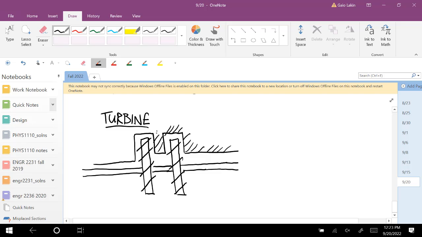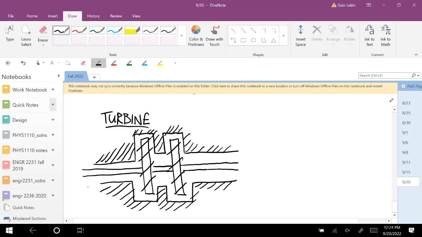So all this shaded part is rigid, and the fluid flows through that channel.